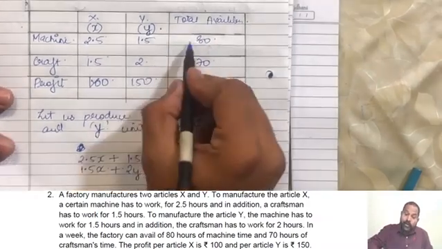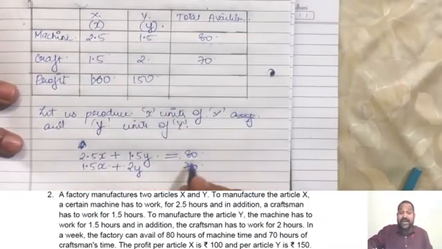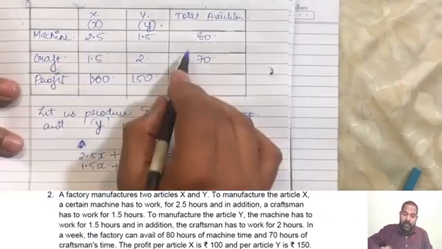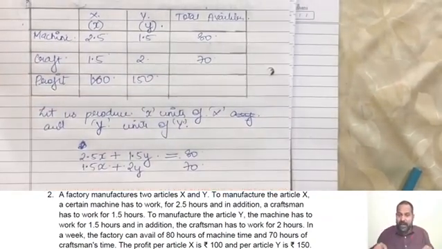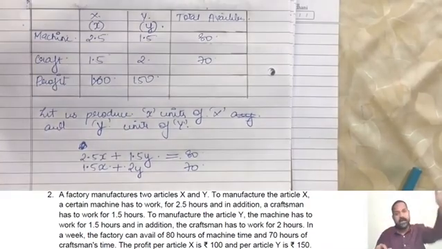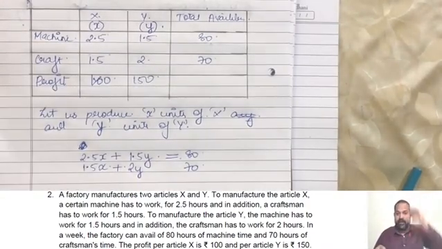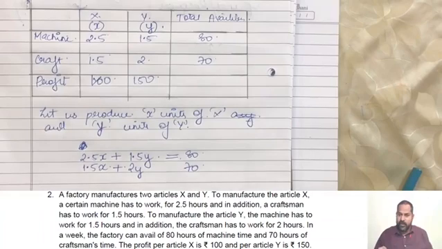Or the total availability is 80 hours of machine time. Now it's not that if the work is done in 70 hours, you must keep the machine running for 10 more hours, let it run. It's nothing like that. If you're finished in 70 hours, it's okay. For the rest of the 10 hours, let somebody clean the machine. If it's off, it's okay. Don't ask for more than 80 hours.